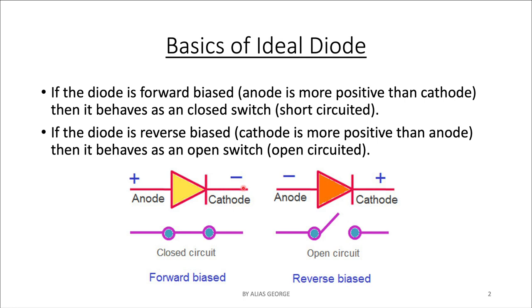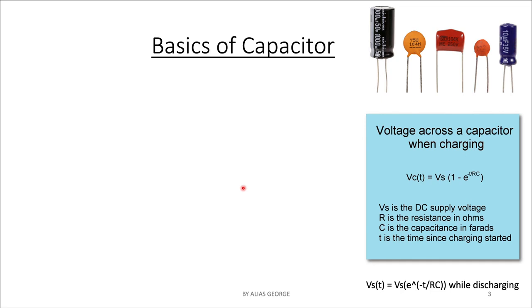So we will be looking into that. These are all capacitors. As we all know, we can apply voltage across the capacitor in two manners: either directly to the capacitor, or through a resistor in series. These two ways are possible.